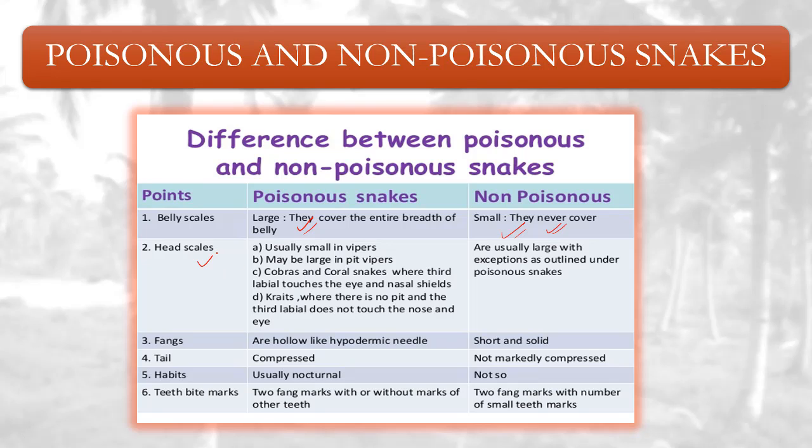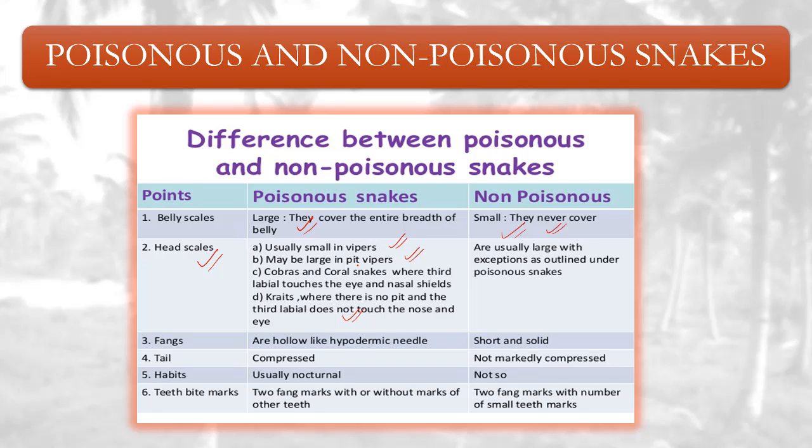Head scales are usually small in vipers, maybe large in pit vipers, cobras and coral snakes, where the third labial touches the eye and nasal shields. Krait has no pit and the third labial does not touch the nose and eye. So krait is a poisonous snake, even then there is no modification of the third labial part.